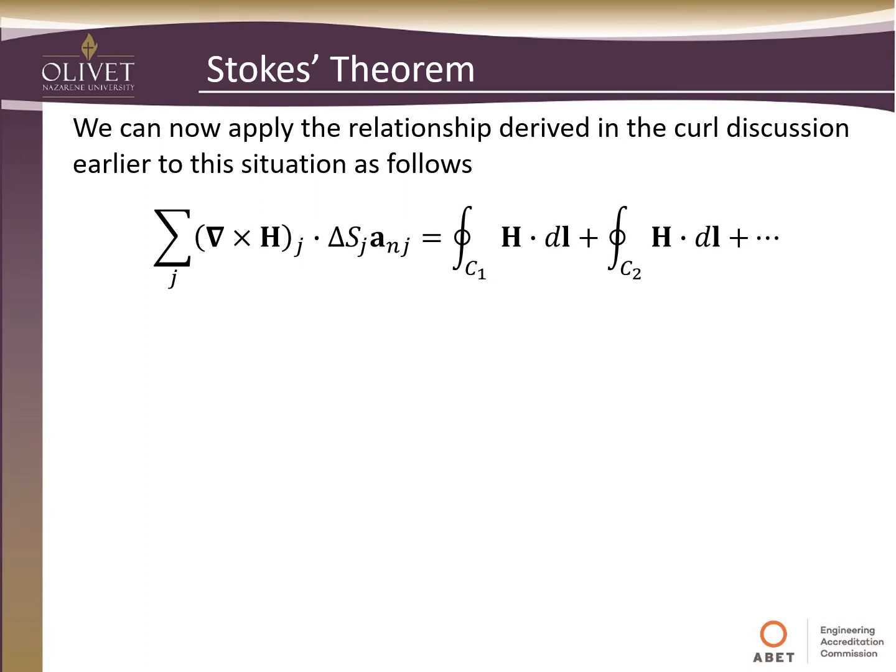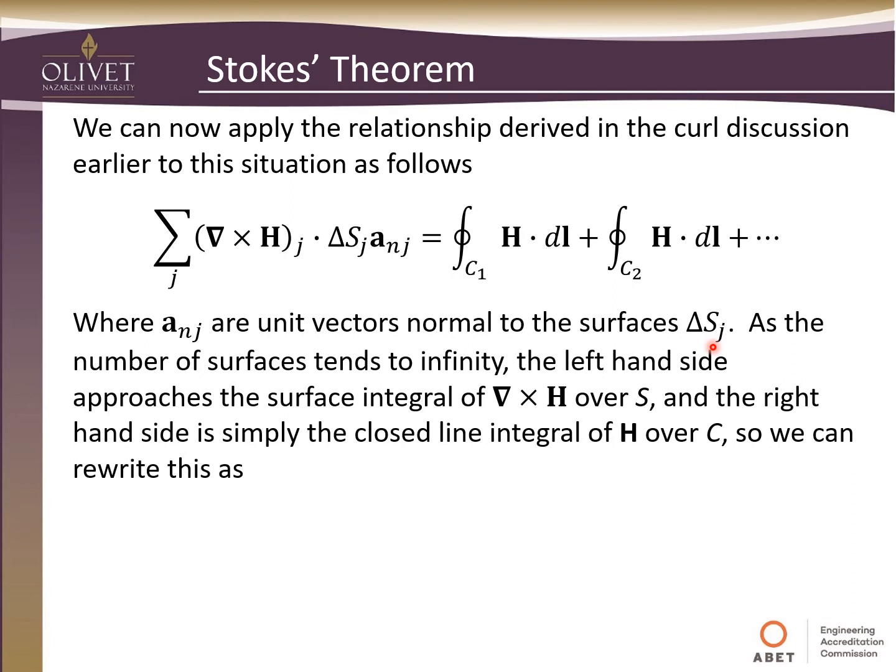So we can now apply the relationship derived in the curl expression earlier to the situation as follows. We're going to say the sum of the curls of these infinitesimally small areas would be equal to the summation around each of the contours separately. So summing up just these curls dotted with these surface vectors, and then summing up each individual contour that defines those surface areas.